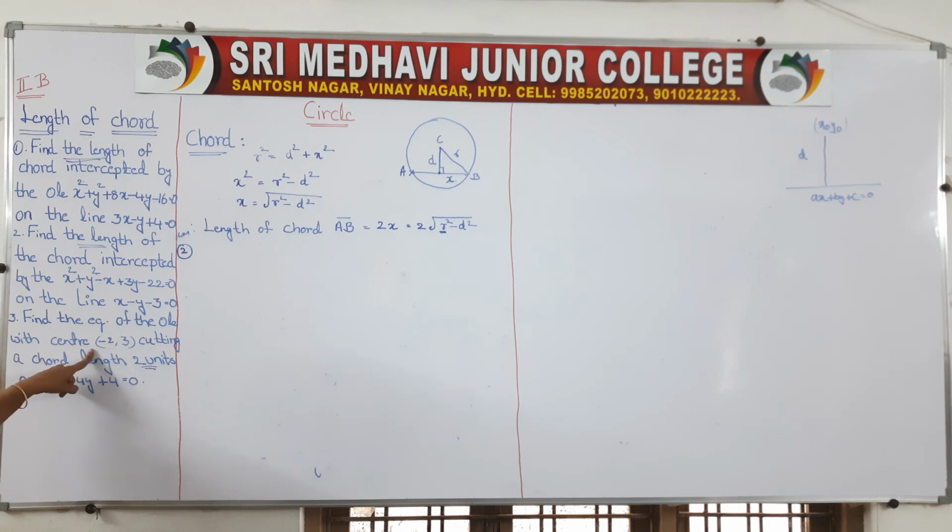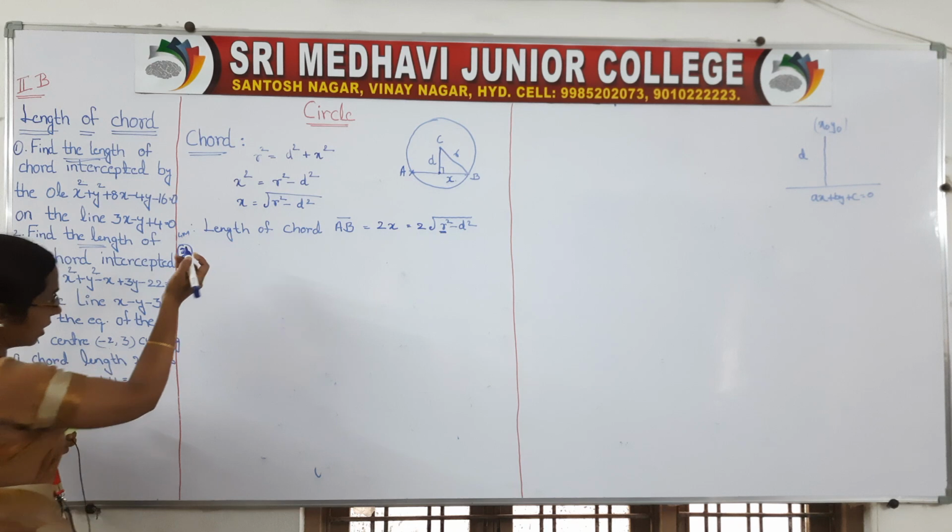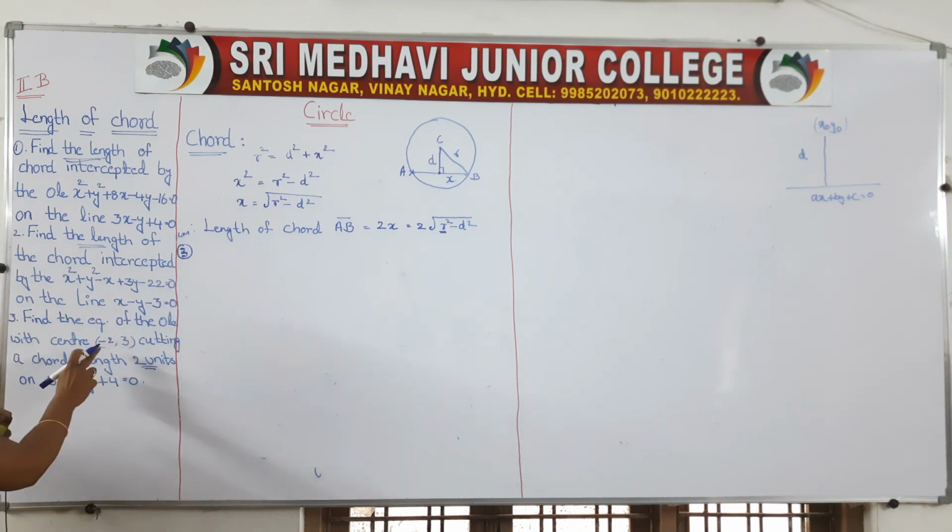How will we find the radius with the condition that the length of the chord is 2 units? By using this, we will find the radius. So come on, first write down the required equation, that is, what is the given information.